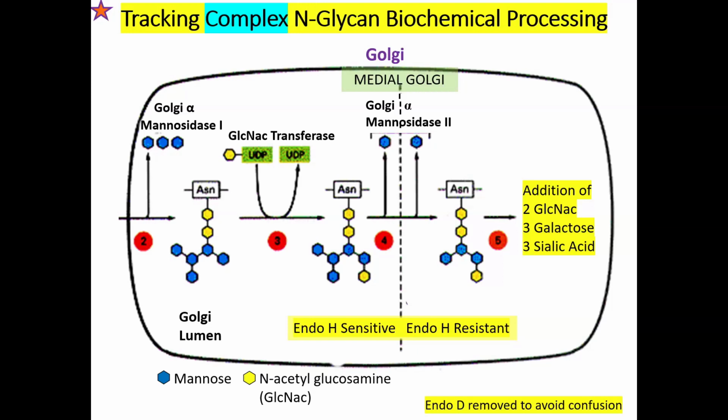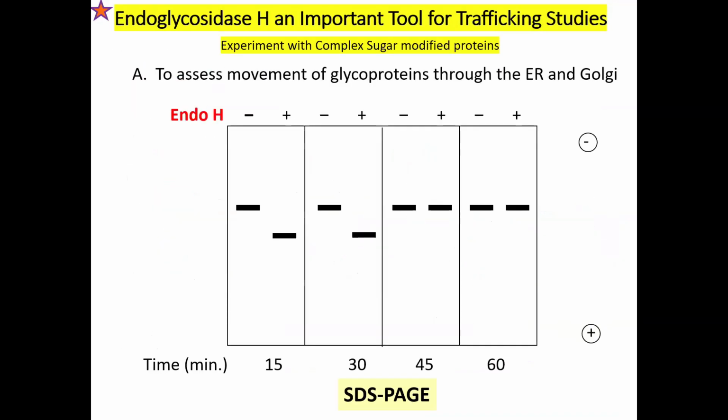So we are going to see that time point from this experiment. You can see that right here, this is digestible, this is digestible. So the modifications that you have is digestible at this point. Here, they become resistant, the glycosylation becomes resistant. So we can tell that in between about 30 to 45 minutes, the protein actually passed the medial Golgi.